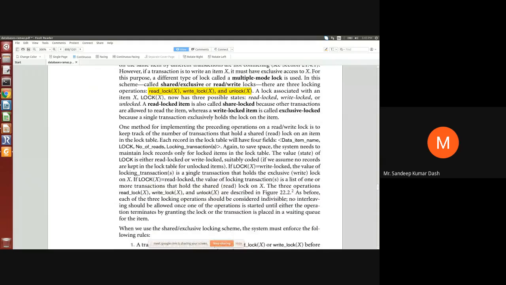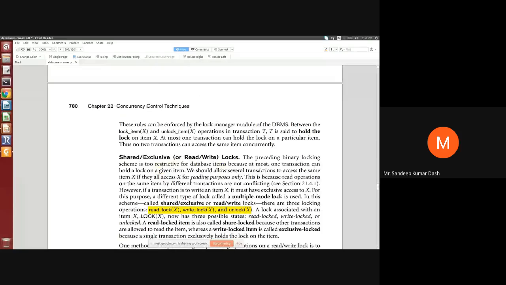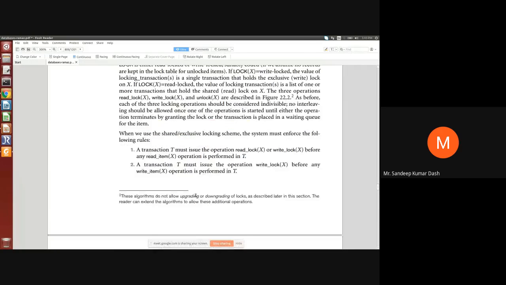Now the problem in this part of shared lock is that these are the sequence of shared lock. A transaction T must issue the operation read lock or write lock before any read operation is performed.